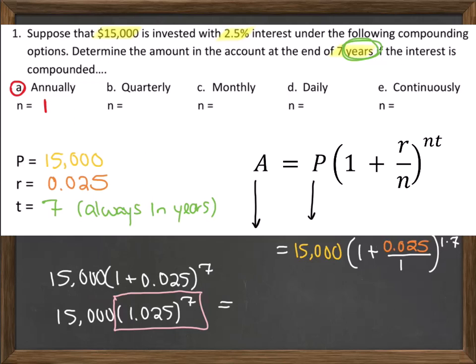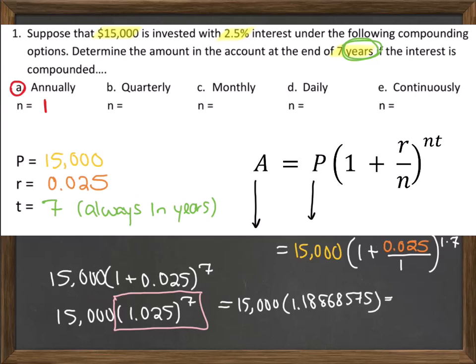into a calculator. Okay, and when I do that, we'll have 15,000 times, and it's about 1.1886857, sorry, I read it wrong, 575, and that's good enough, okay?